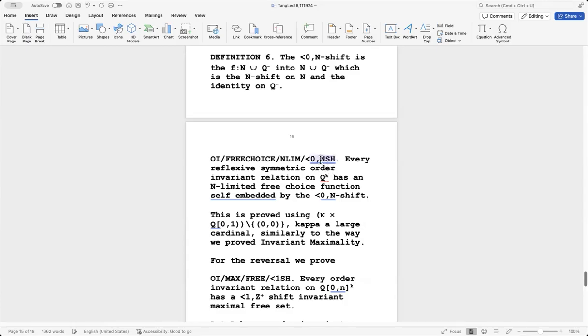I used to write this in invariant maximality without a comma because it's the title of the statement. All right, every reflexive symmetric order invariant relation on Q to the K has an n-limited free choice function self-embedded by the less than 0 n-shift. This thing up here.